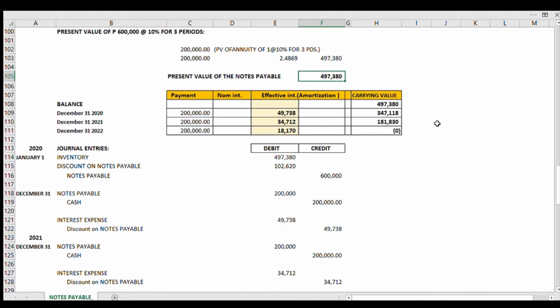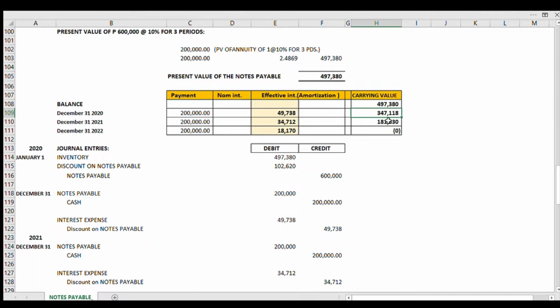So let's go to the amortization table, 497,380. The first amortization is going to be 10% of 497,380, and we will also reflect the payment. So that is 497,380 minus 200,000 plus 49,738, that is 347,118 for the first year.